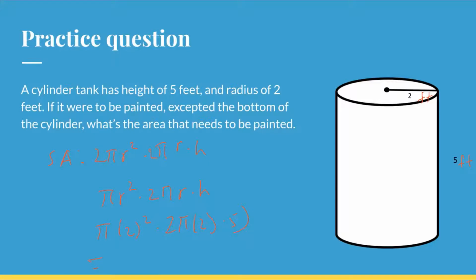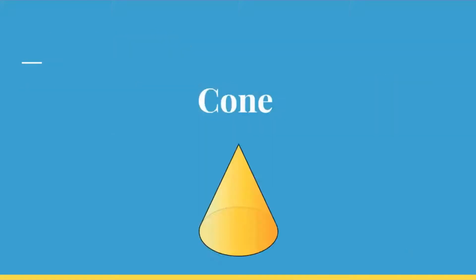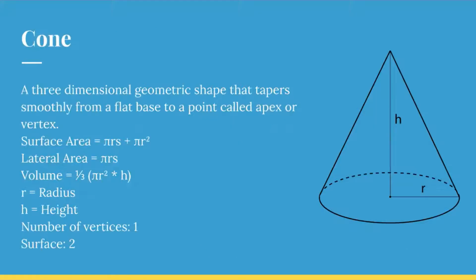And you'll get 789.57 feet squared. No, it's squared because this is surface area. Next slide, please.